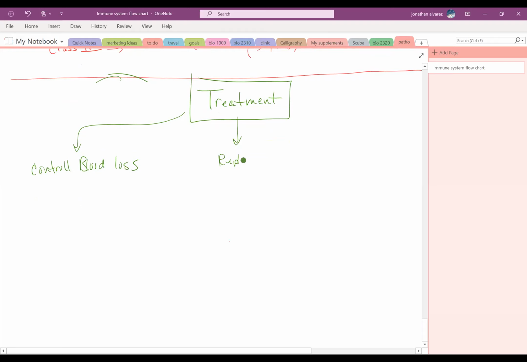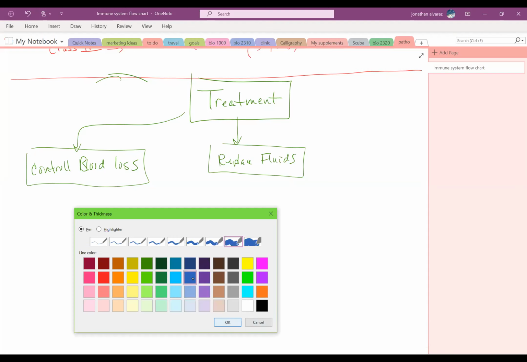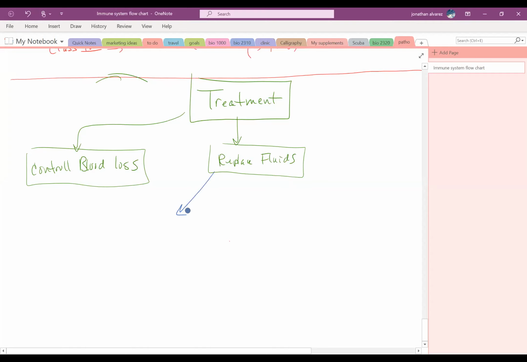replace fluids. You can replace fluids through colloids, which helps increase osmotic pressure.